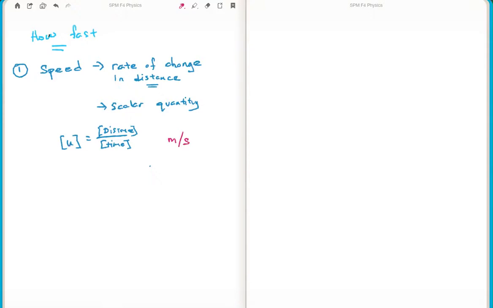So u, small u. Second one, you have velocity. They have the same equation. It's a rate of change. How fast? Rate of change in displacement. Therefore, it will be a vector quantity.